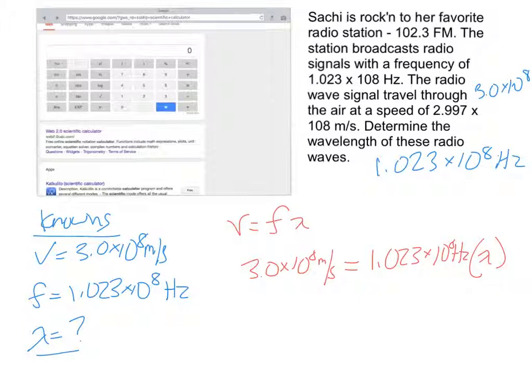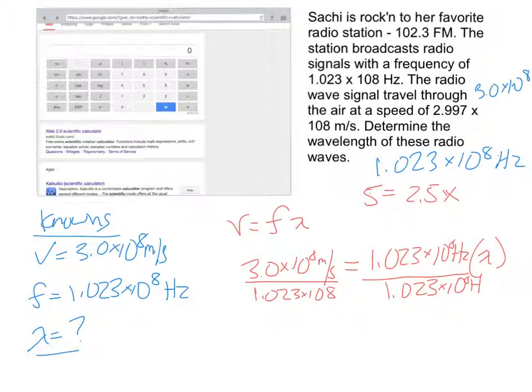So now it's no different than solving this problem: 5 equals 2.5x. You would divide both sides by 2.5 and x would equal 2. So here we need to divide both sides by 1.023 times 10 to the 8th hertz.